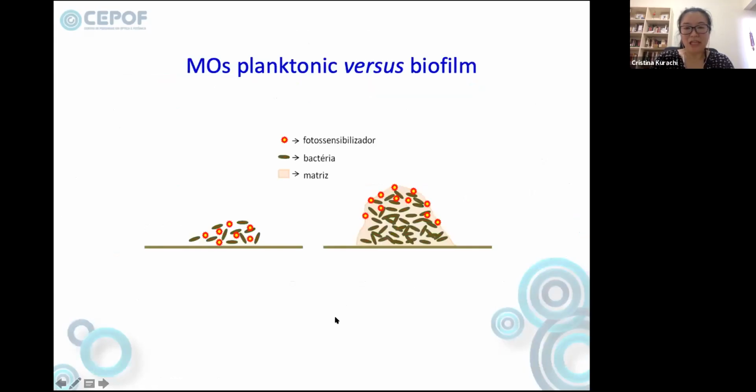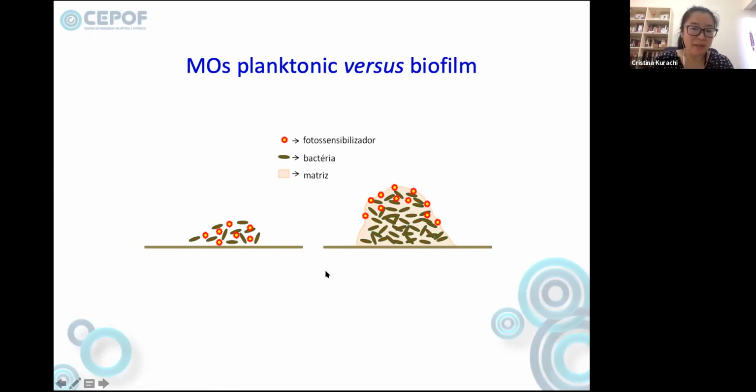But for most infectious diseases, the microorganisms are not going to be in the planktonic form, which is the isolated, individual form of the cells, but they are going to be in a biofilm structure, where we already have a well-developed extracellular matrix, mostly from sugar molecules, that provides the microorganism cells a kind of protection against any kind of treatment, including PDT.